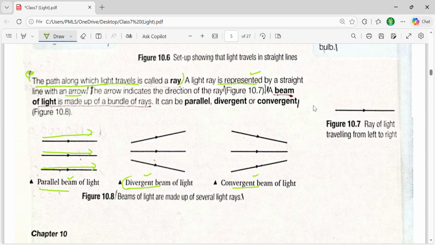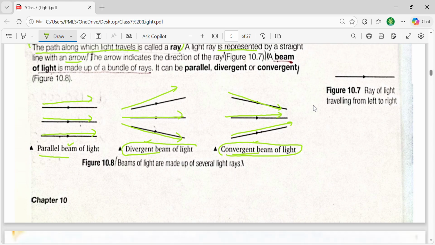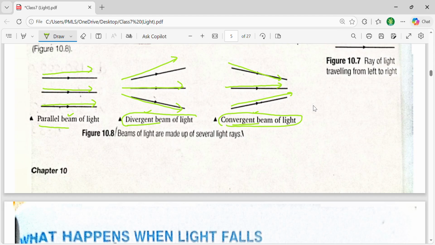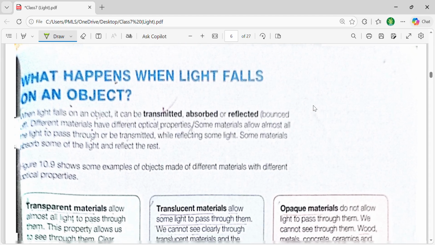When they come from a common point and spread out later in space, these are divergent beams of light. And when they are being concentrated, so that at the end they would meet at one point, you can call this a convergent beam of light. So these are different forms of light, depending upon the source of light from where it is coming.